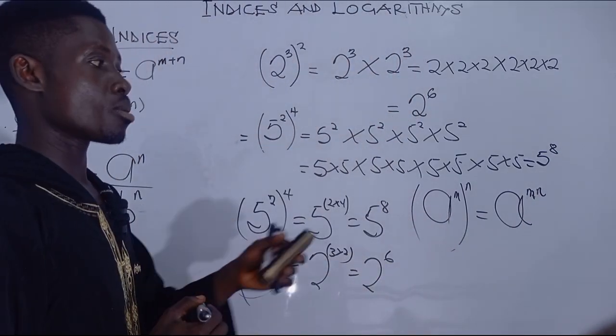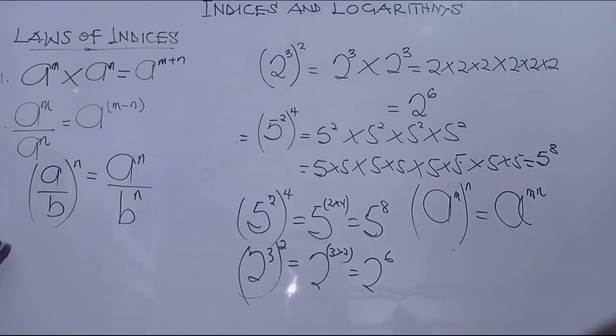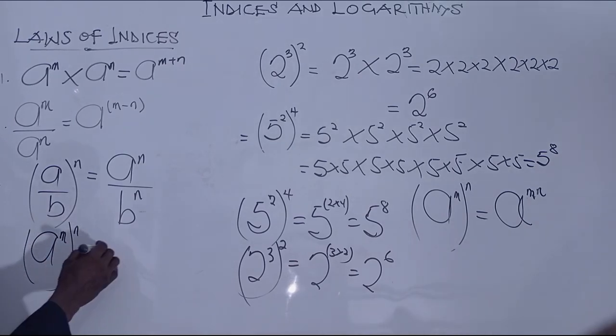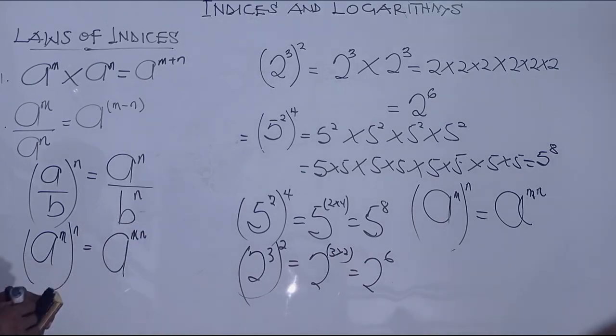And we call this the power law. The power law. So we have our fourth law: a raised to the power m all raised to the power n gives us a raised to the power of m multiplied by n.